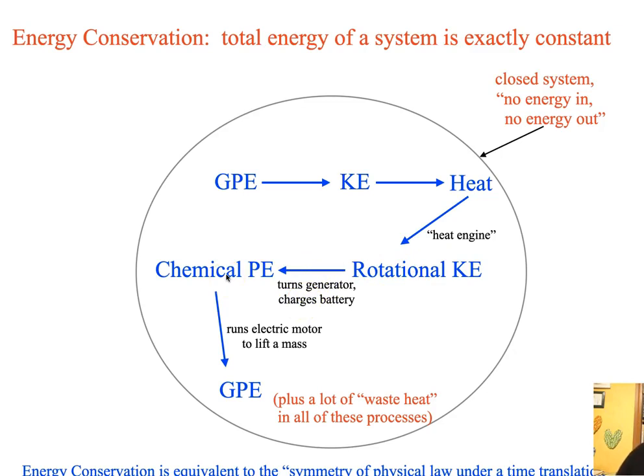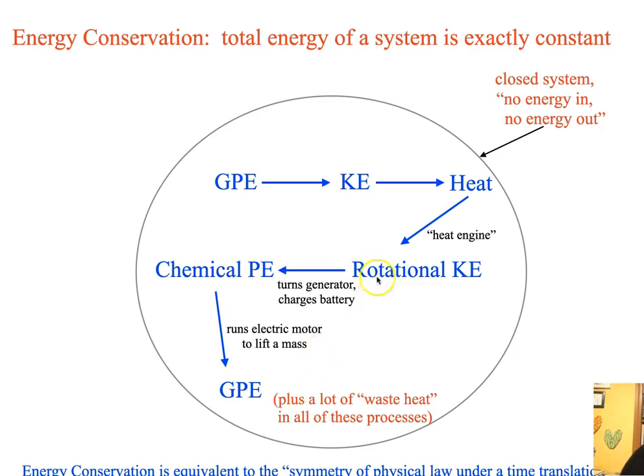And that chemical potential energy, for example, can go back into a motor that lifts the mass up, okay? So now you turn it back into gravitational potential energy, okay? So in this whole business, changing one kind of energy into another by various different engines and processes and gadgets and so on, means that the total amount of energy is never lost.